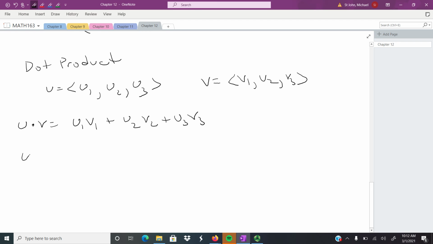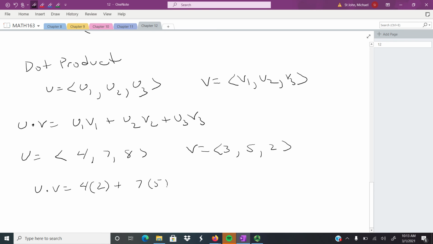So, for example, if we said u was the vector 4, 7, 8, and v was the vector 3, 5, 2, then my dot product is going to be 4 times 3, 7 times 5, and 8 times the 2. And we do that all out, we end up at 59 for that. Okay.